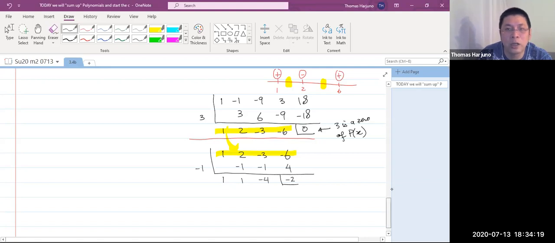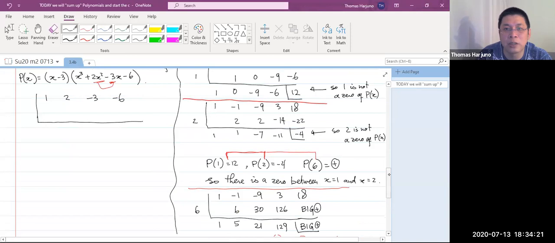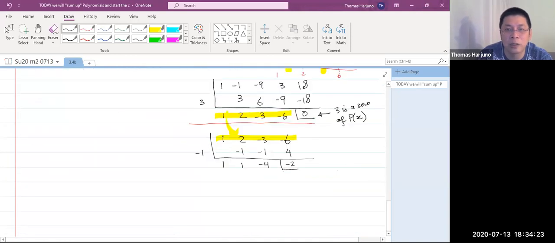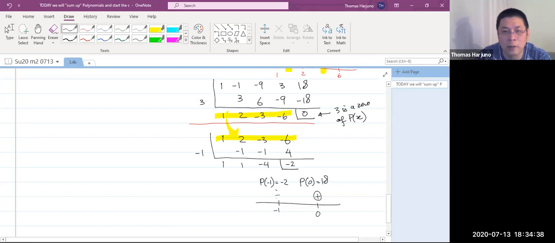So we see that P(0) is 18, but P(negative 1) is negative 2. As if I'm saying this is a number line, 0 is positive, negative 1 is negative. So there must be a zero in between, right?